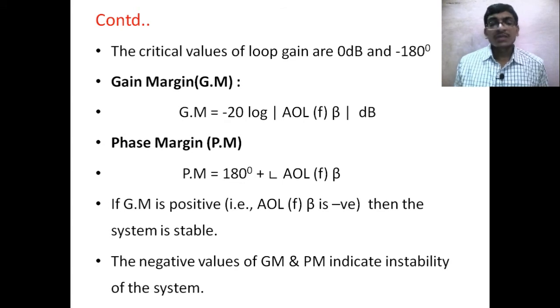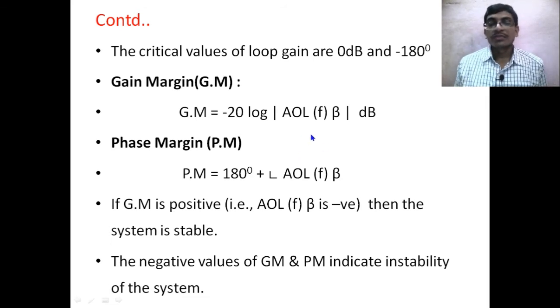How will the phase margin become negative? If the angle of AOL beta is greater than minus 180 degrees, then definitely it will be an unstable system. How will the GM become negative?